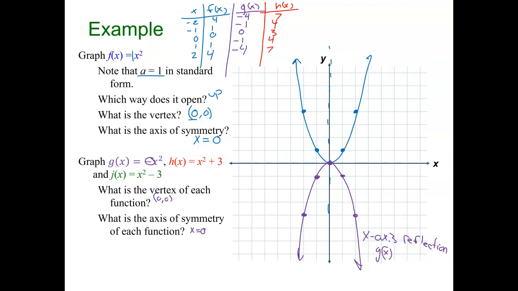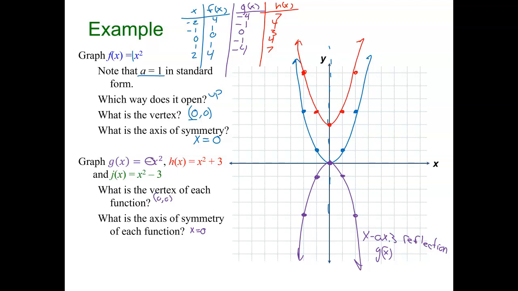So now I've got my new points: -2, 7; -1, 4; 0, 3; 1, 4; 2, 7.